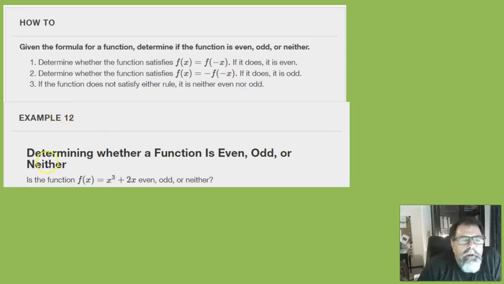Okay, example 12. Determine whether the function is even, odd, or neither. Is the function f of x equal to x cubed plus 2x even, odd, or neither? So for the tests, you're going to run both tests from what we learned in the definition.